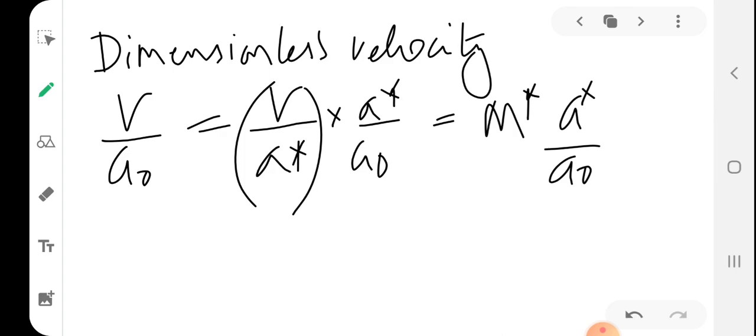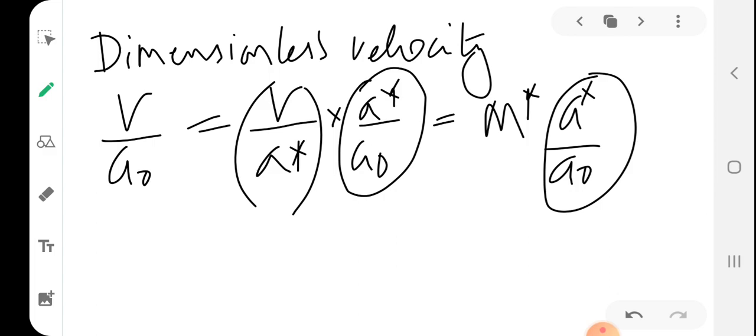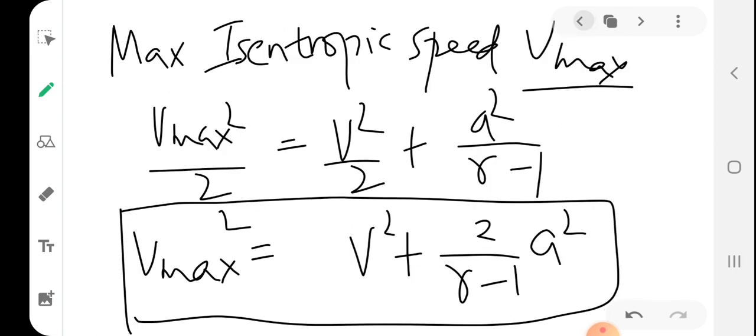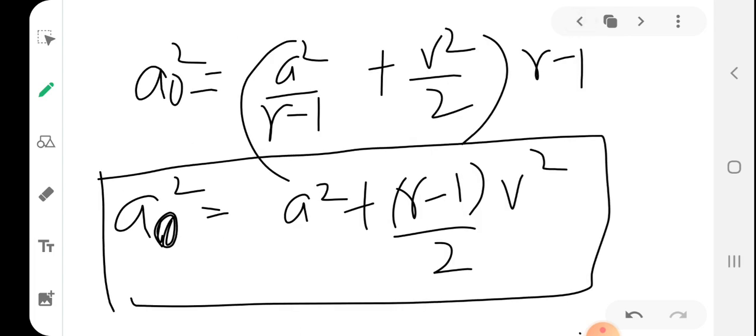So substituting for V by a0 square. You have already got the relationship between a star and a0, and between Mach star and Mach. So from where will you get a star by a0? Turn back to the earlier equation number 3, the relationship between a star and a0.